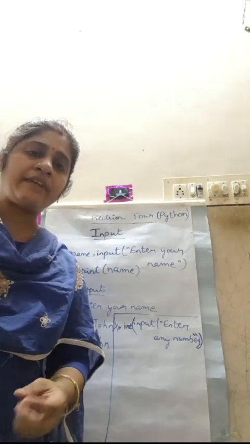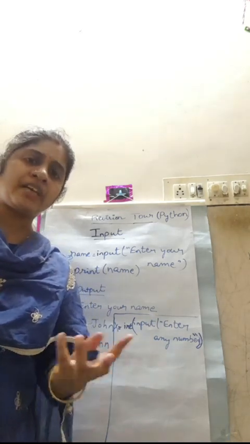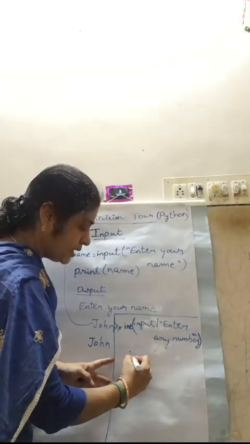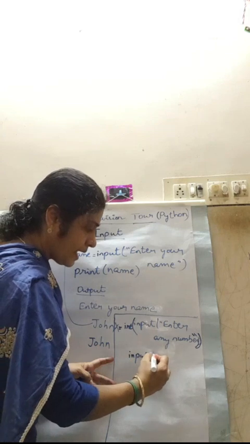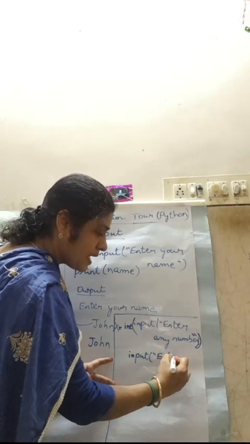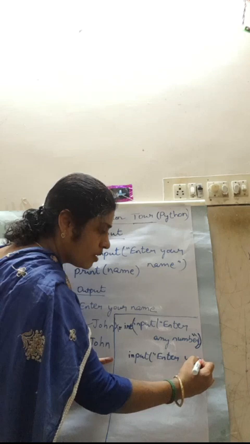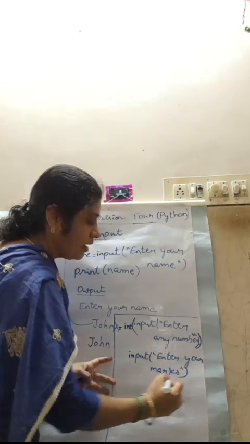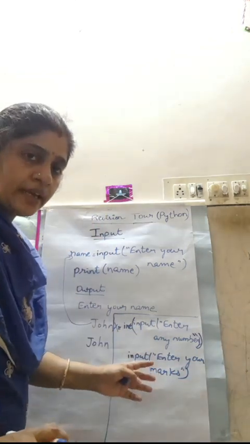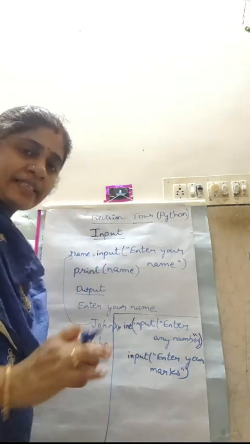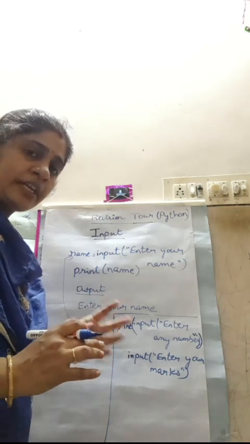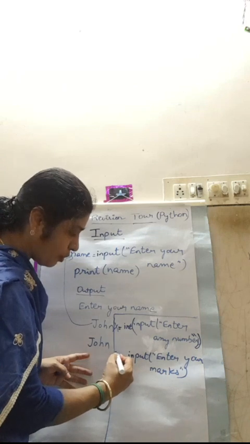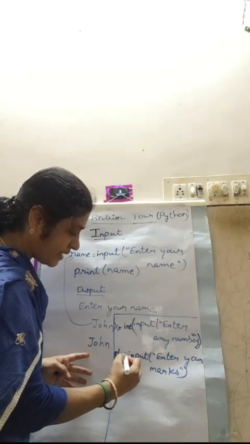Suppose if I want to take a floating point number, suppose I want to take marks of a student from the user, you will ask input, enter your marks. Now again this will be in the form of a string. Suppose I want to store it in a floating point format, I can convert this into float.